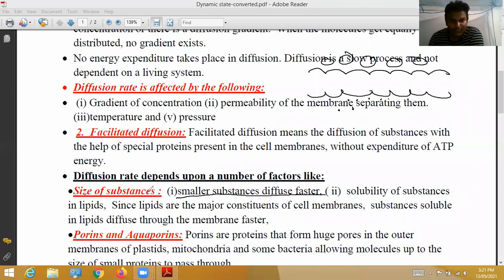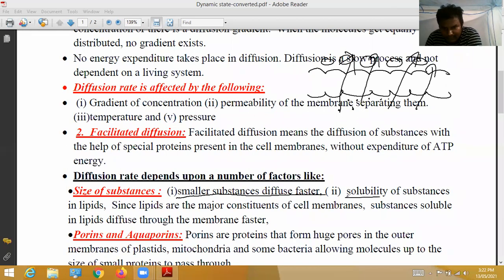Only smaller substances, minute particles, are transported through the cell membrane. So the size of the substance is one of the factors. Larger particles cannot be transported. Smaller substances diffuse faster through the cell membrane, like this.